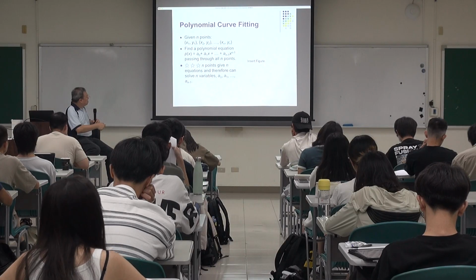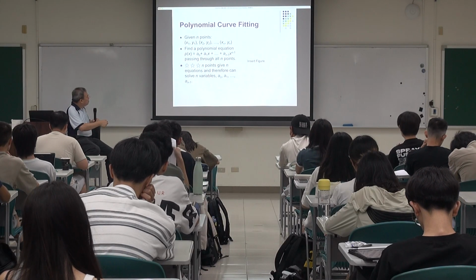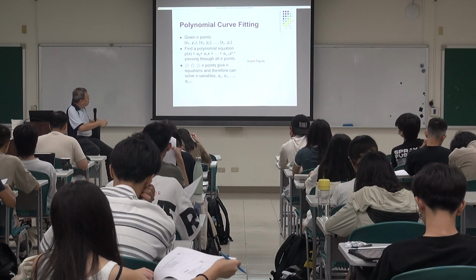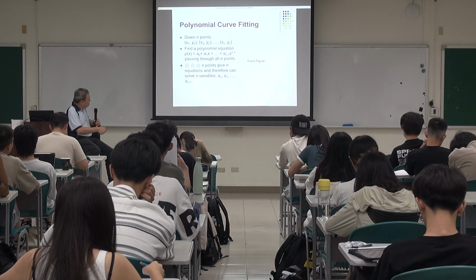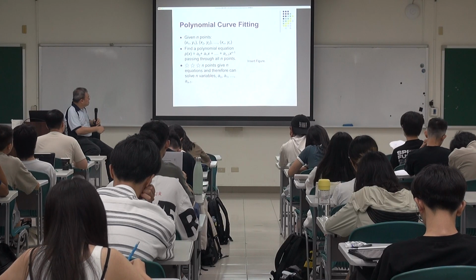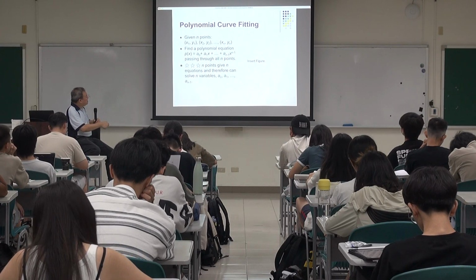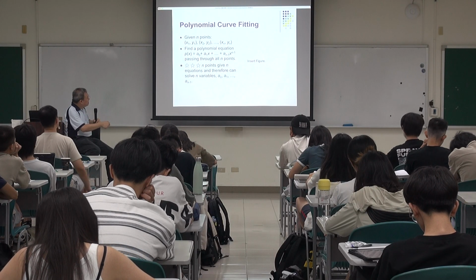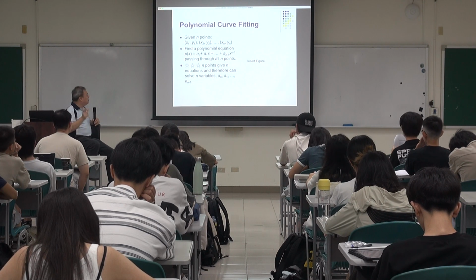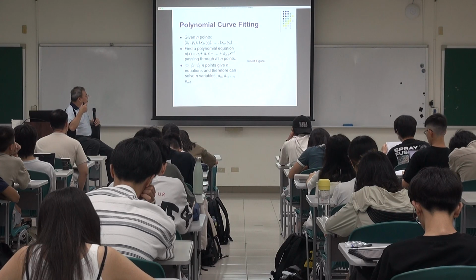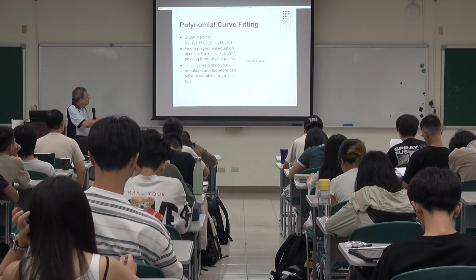You plug in these n points, it's going to give you n equations. So therefore, you can solve for these n variables, a0, a1, up to a(n-1). You have exactly n variables and n equations because you have n points.